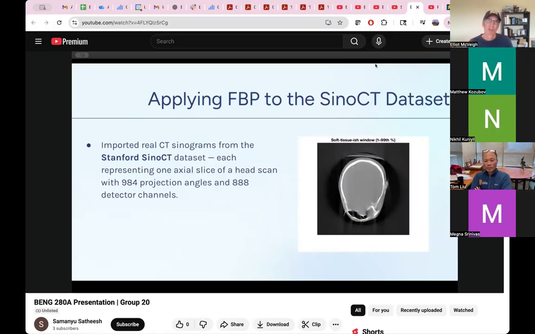I see. So you started here with a sinogram obtained on some clinical system or something like that. And they gave you, I guess, a picture of what it should look like when you reconstruct it. Is that right? Yeah, when you stack all the 40 slices together, they had what the 3D volume should look like.